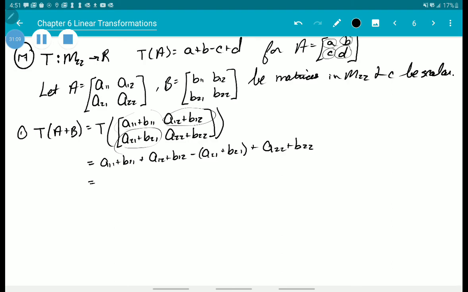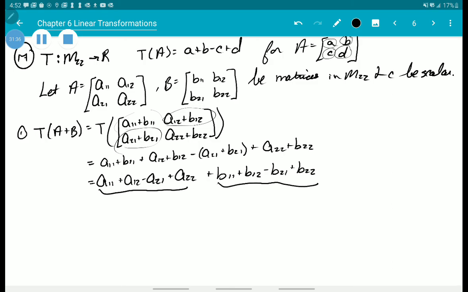So let's kind of regroup things. Anything that belongs in matrix A, let's put it together. Anything that belongs in matrix B, let's put those together. And we can do that because these are real numbers, so they're commutative and associative. So we can group those and group those.